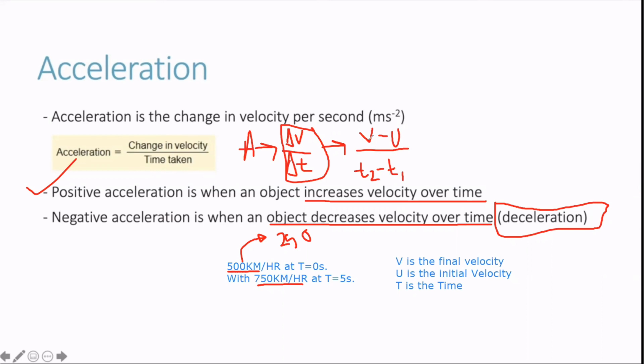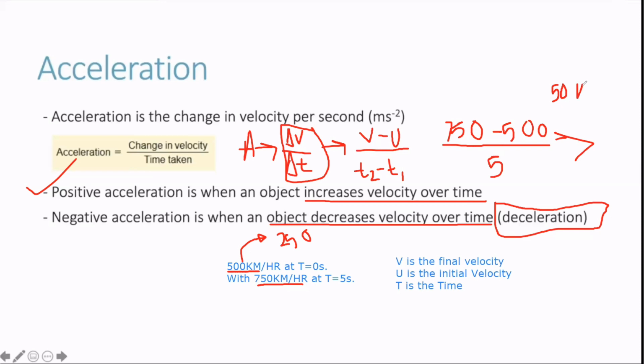So v is 750 and u is 500, so we'll subtract 500 from it and then divide it by time. Change in time is 5 minus 0, that is 5, so we get 250 by 5, and so our acceleration would be 50 kilometers per hour square.